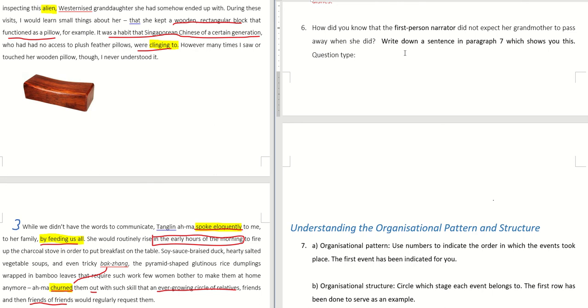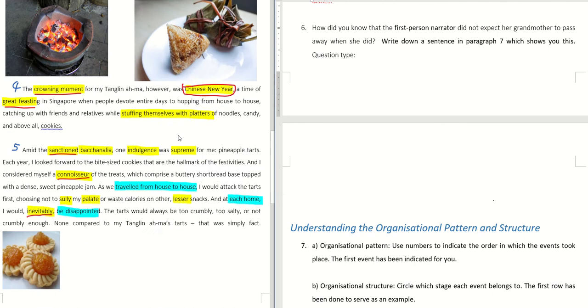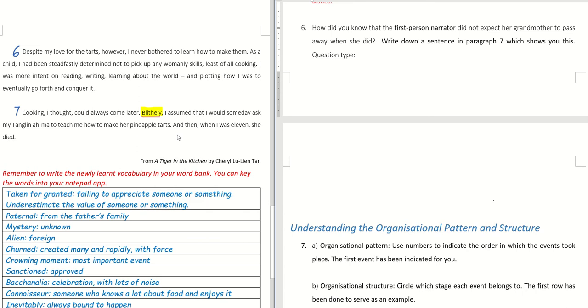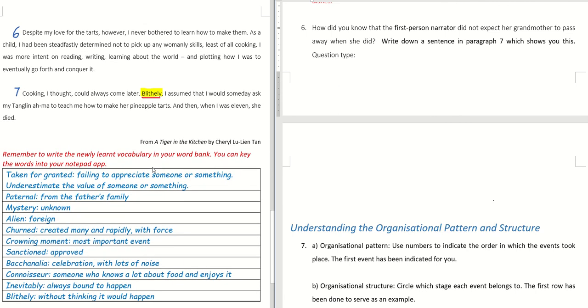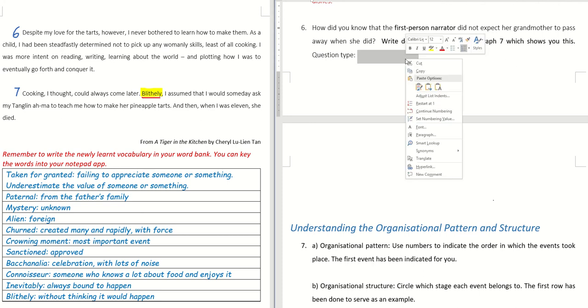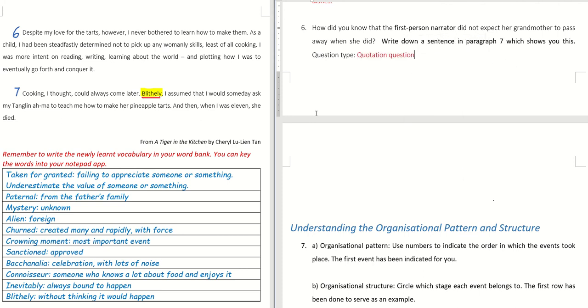How do you know that the first person narrator did not expect her grandmother to pass away when she did? Write down a sentence in paragraph 7 that shows you this. Blindly, we said just now, means without thinking it would happen. So it's quite clear that this is a quotation question.